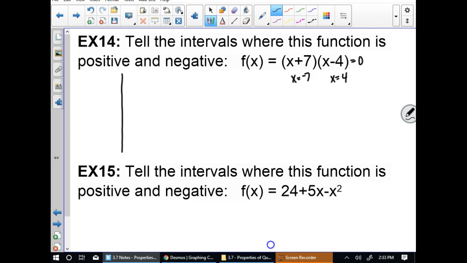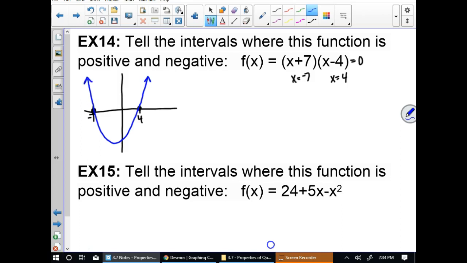So if I sketch myself a graph, over here at negative 7, I have an x-intercept. Over here at positive 4, I have an x-intercept. I also know this function is going to be a happy parabola, smiley face, because our x squared is positive, so it's going to open upward. So my graph will look something like this.